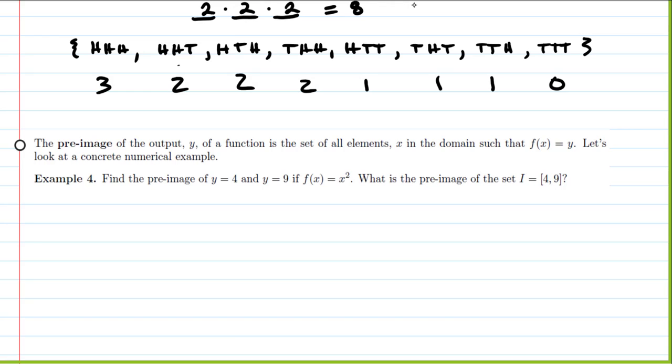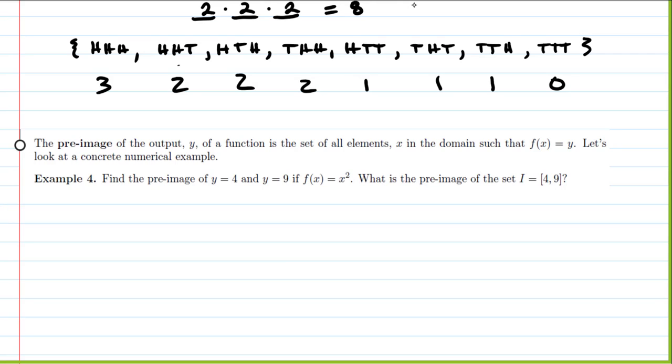Let's look at a concrete numerical example. So the pre-image is everything in the domain that gets mapped to that element in the range. So for example 4, let's find the pre-image of y equals 4 and y equals 9 if f of x is equal to x squared.